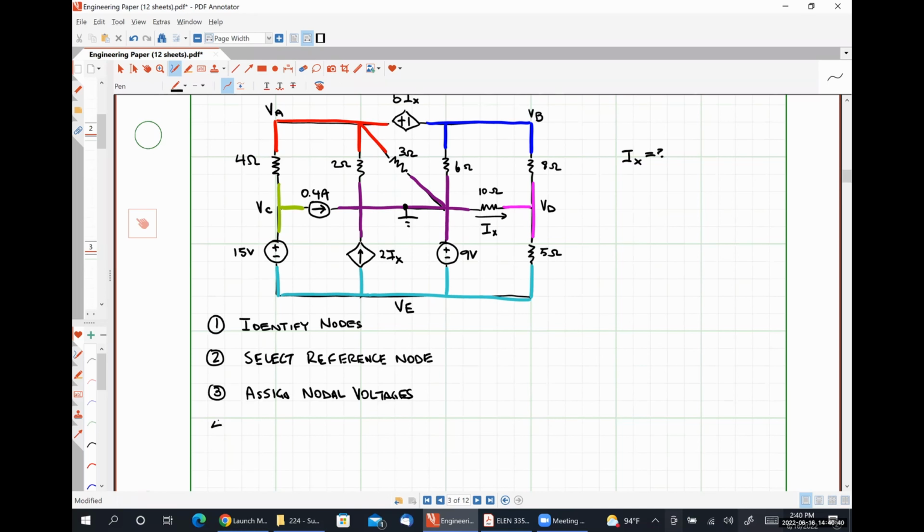Step number 4 will be the same. That is going to be to express our controlling variables in terms of our nodal voltages.